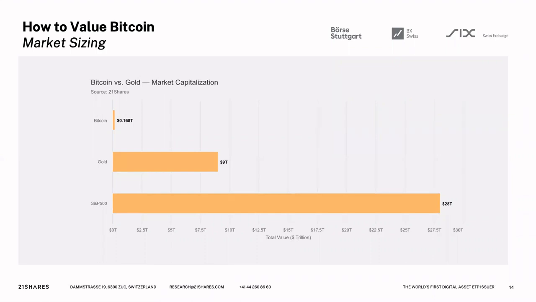And I think this market sizing diagram goes a good way to show that. For example, Bitcoin's market capitalization today is around 168 billion. The total value of gold on Earth today, if we take gold's current spot price, would be around 9 trillion. It's hard to get an exact estimate because obviously gold comes in many shapes and forms, but gold.org estimates 9 trillion.